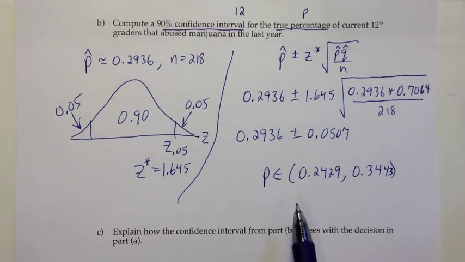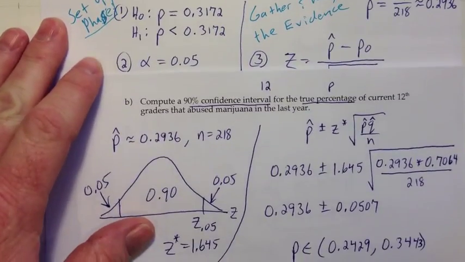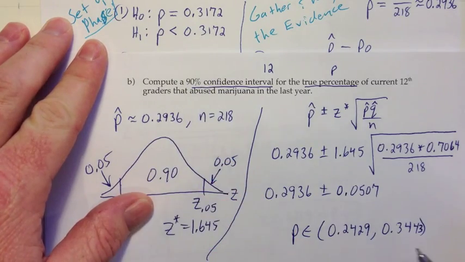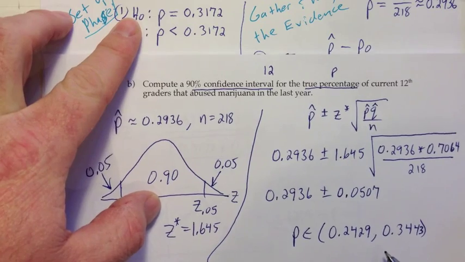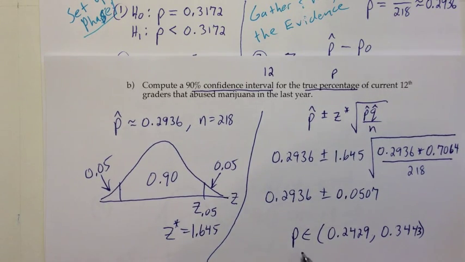If this interval is a list of reasonable possibilities for p, then what we want to notice in that is that our claimed value, which was 0.3172, is falling into that interval, and that means H0 is a reasonable possibility for being a true claim, and we don't want to reject a claim when it seems reasonable that it could be true, and this interval lists it as one of the reasonable possibilities.